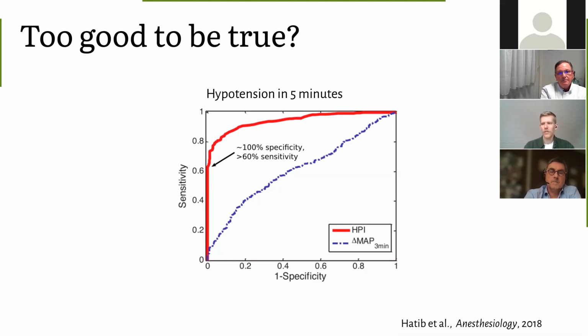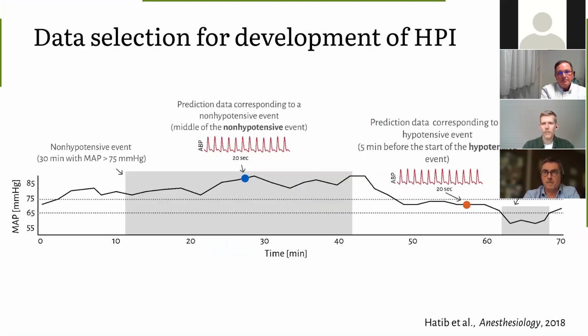So we started looking into how HPI was developed by reading through the original article presenting the model to see if something in the data selection could explain this extreme performance. HPI was developed using a lot of arterial waveforms. So distinct hypotensive and non-hypotensive events were identified, and the HPI model was trained to differentiate between these.